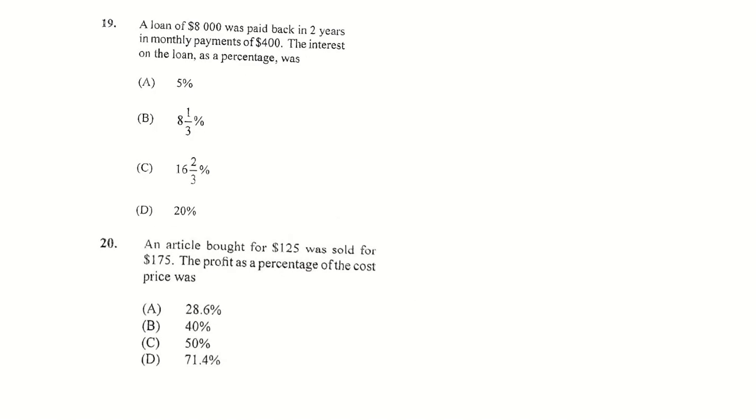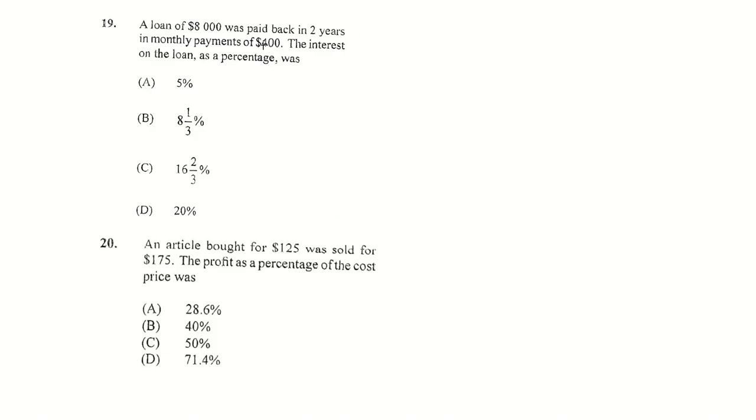Let's look at 19. A loan of 8,000 was paid back in 2 years in a monthly installment of 400. The interest of the loan as a percentage was, did we do this question? No, we did something similar to it. Alright? So let's go ahead. First off, the interest.